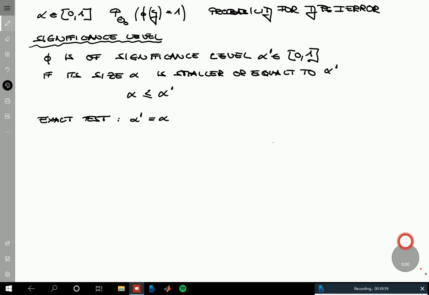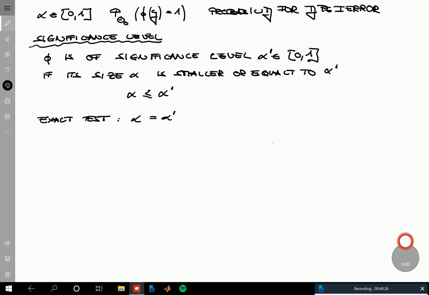So you are in the case that, well, let's do the other way around, that alpha equals alpha prime. So if you say you want to do a 0.05 significance level test using the t-test, it's an exact test because the test error probability of the t-test, if you use a significance level of 0.05, is exactly 0.05.